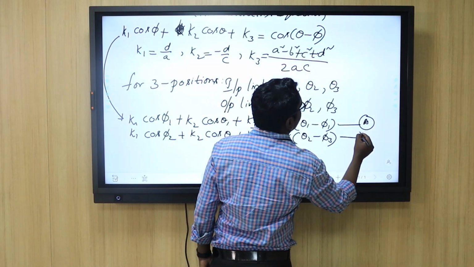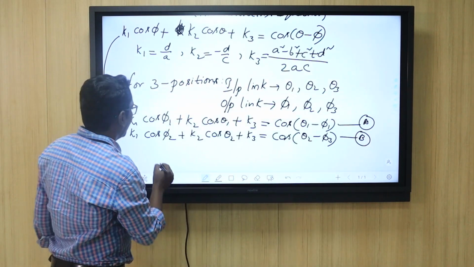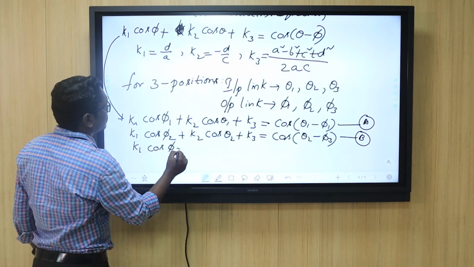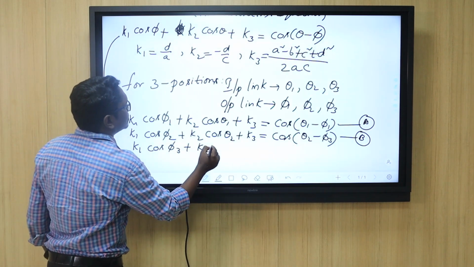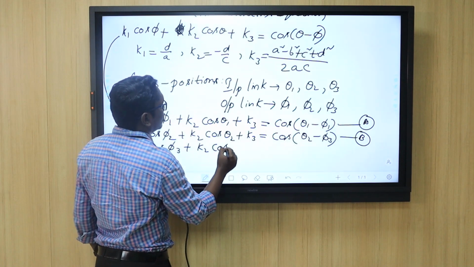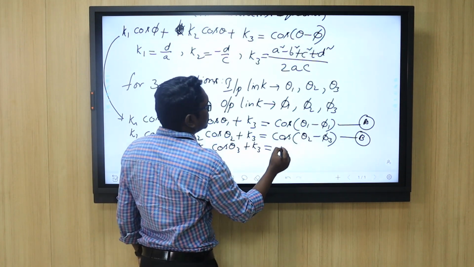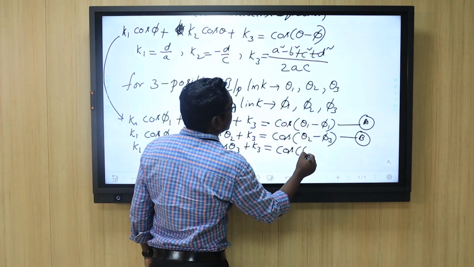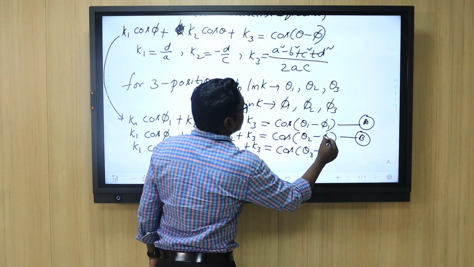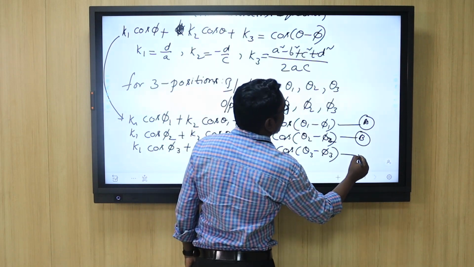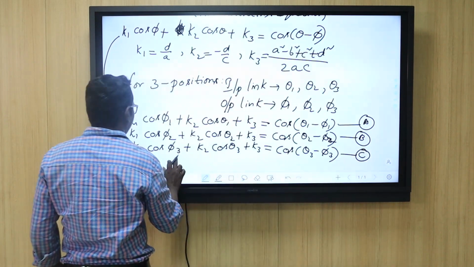So this is the second equation B. Next, K1 cos phi 3 plus K2 cos theta 3 plus K3 is equal to cos theta 3, sorry, this is 2, this is 3, and this is the third equation C.